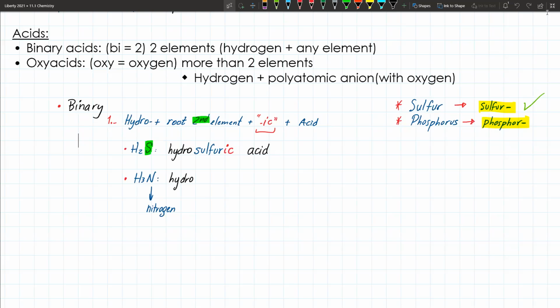Here is the root, okay? Nitro. So this is hydronitro. The suffix "ic" and the word acid. Hydronitric acid.